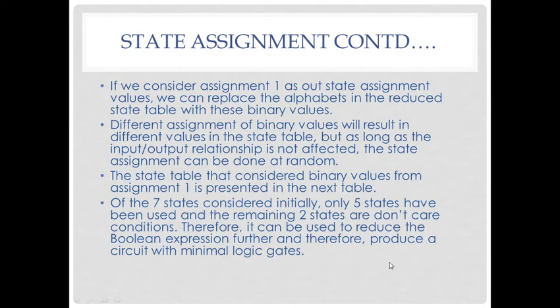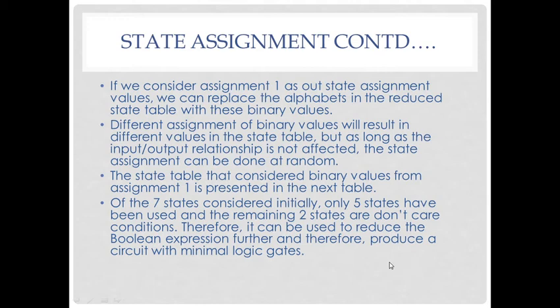All the alphabets in the reduced state table would be replaced by these binary values. Different binary values will result in different values in the state table. However, as long as the input-output relationship is not affected, it doesn't matter, right? If for a particular input my circuit gives a particular output and that is consistent, then it doesn't matter at all.